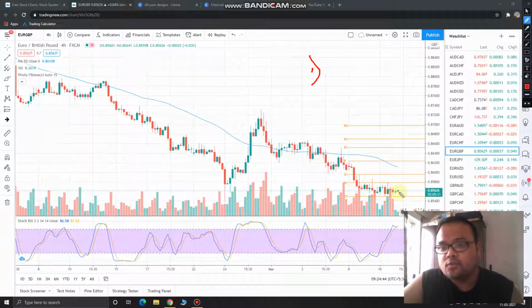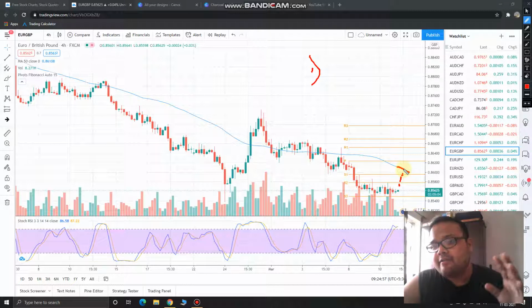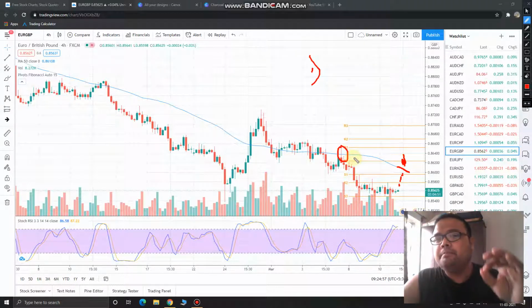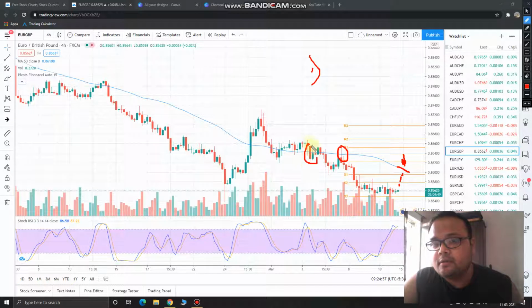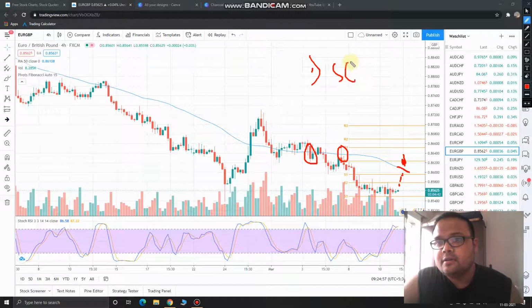The first is we can wait for the currency pair to go up, hit the 50 moving average, and if after reaching the 50 moving average it gets some price rejection from above, like this shooting star kind of pattern, or if you see a big bearish candle like this, you can short the market right away on the 50 moving average. That is our first strategy.